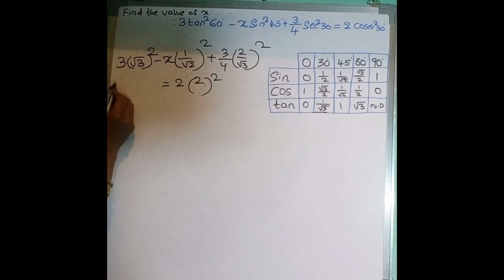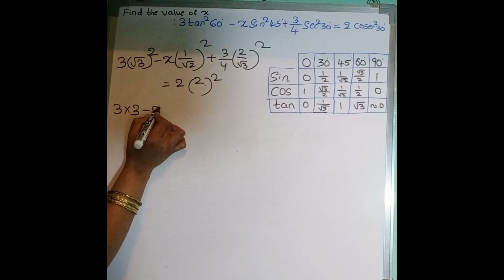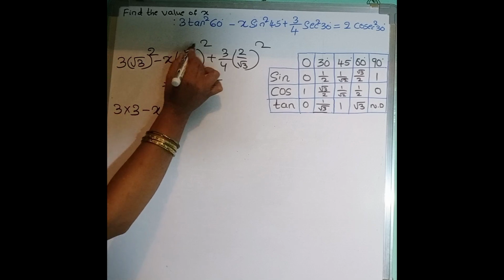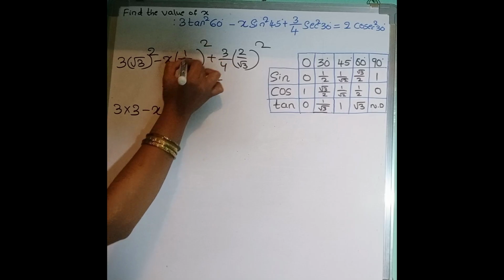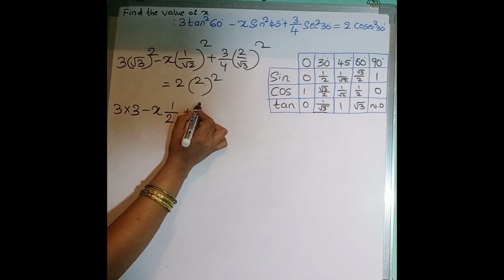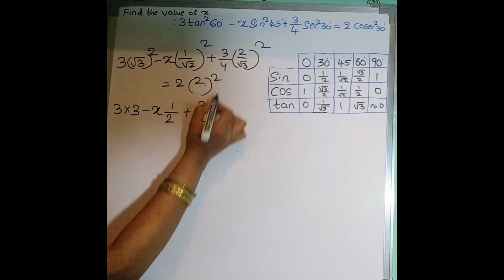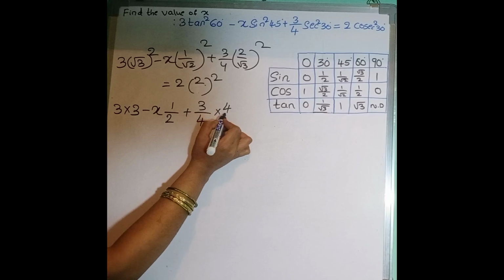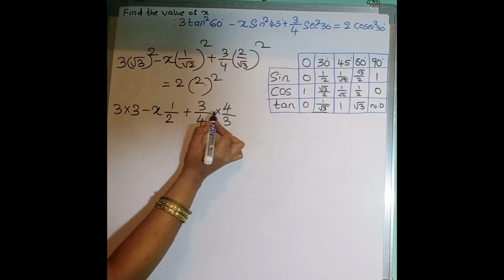Next, 3 write as it is. Root 3 whole square means 3, square root and square are cancelled. Minus x into 1 square is 1, divided by 2. Plus 3 divided by 4, 2 square is 4, square root and square are cancelled, left only 3.